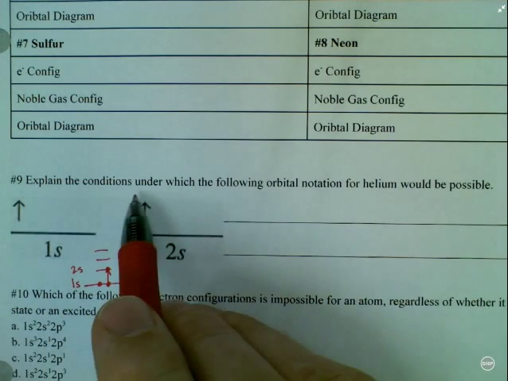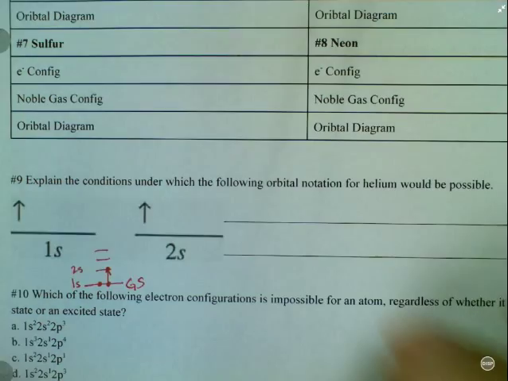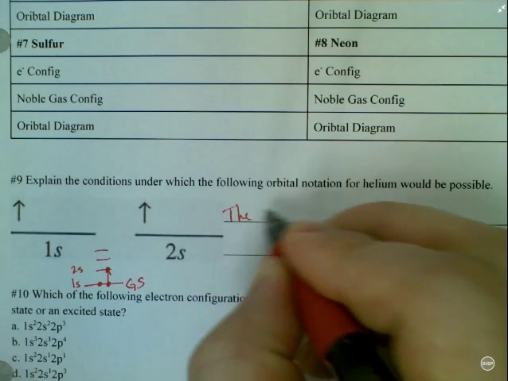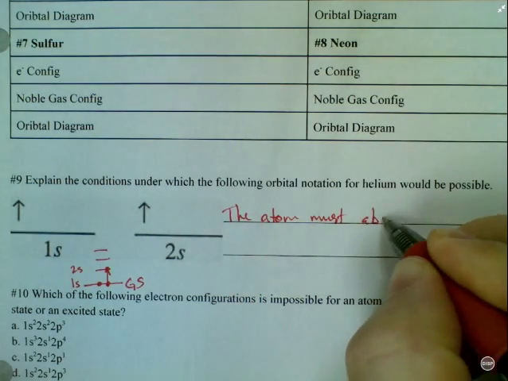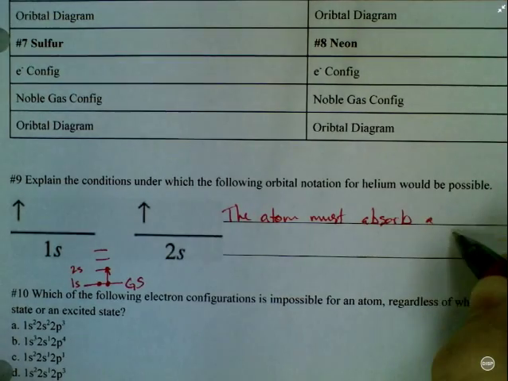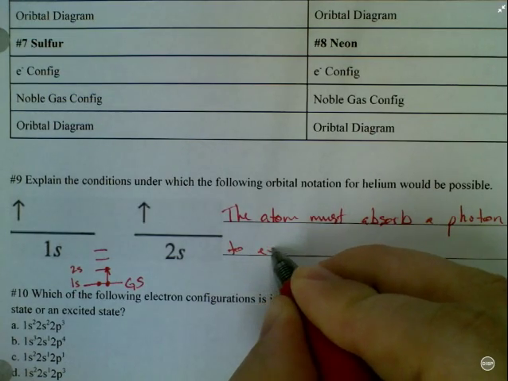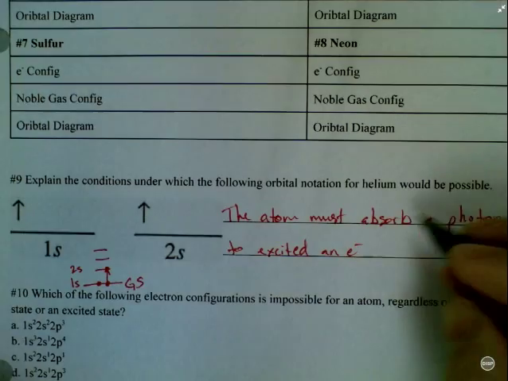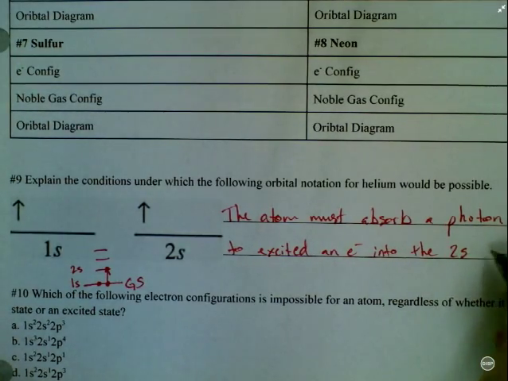So explain the conditions under which the following orbital notation for helium would be possible. All we need to have happen is that the atom must absorb a photon to excite an electron into the 2s orbital.